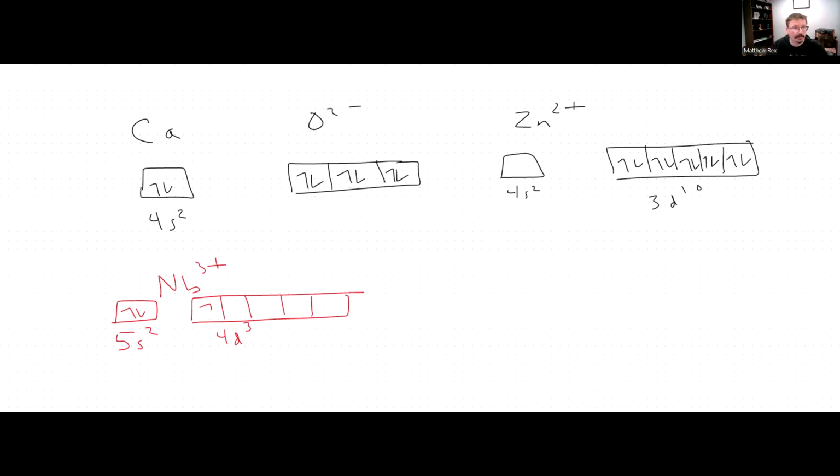But again, we're going to lose the electrons from the 5s first. That'd be 2 plus. The last electron we'd lose right there. And now you can see this has 2 unpaired electrons, so that's our paramagnetic species.